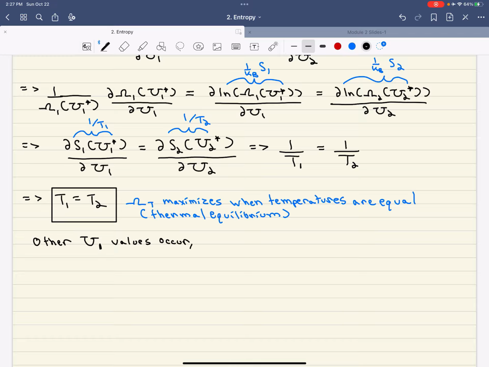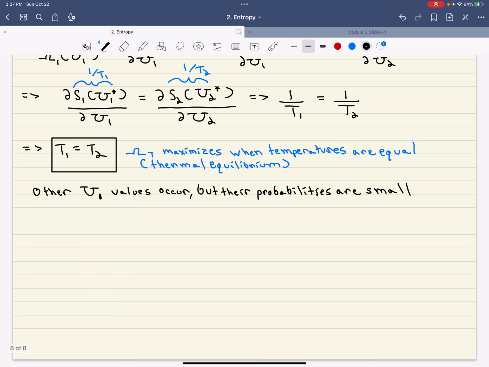They're possible. But compared to the most probable U1 value, the other U1 values have small probabilities. Okay? All right, so here we derived the relationship for thermal equilibrium.